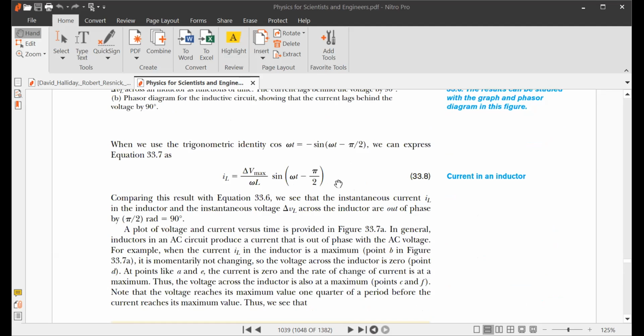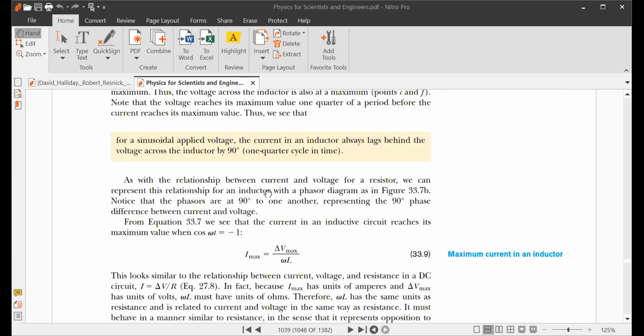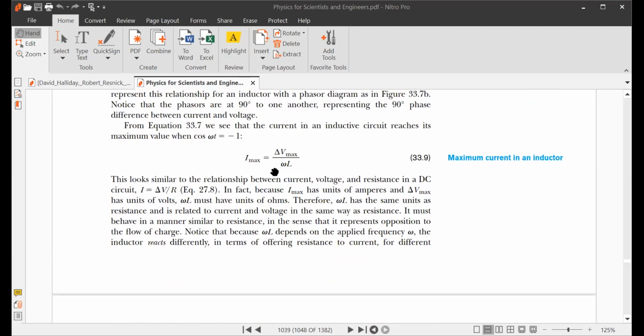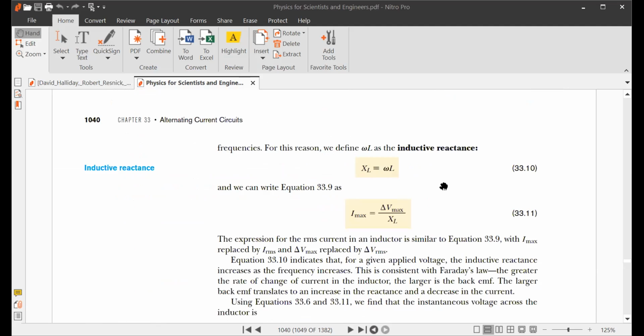So IL, if we rewrite in terms of sine, should be delta Vmax over omega L times sin(omega t minus pi over 2). The quantity omega L we call inductive reactance, XL.